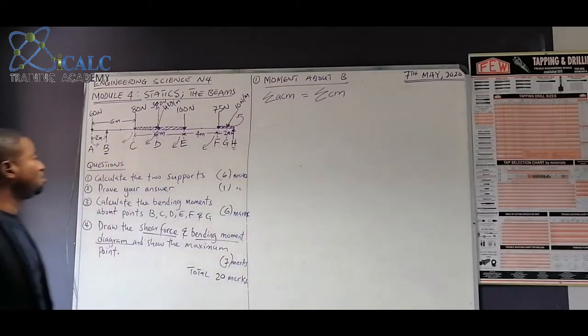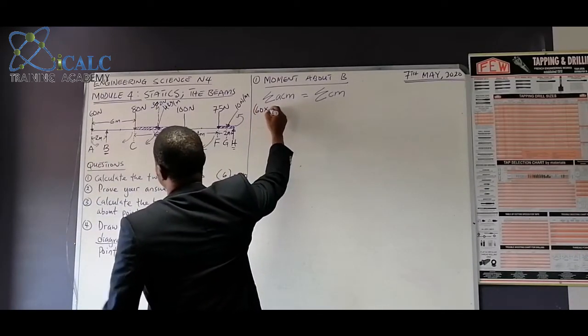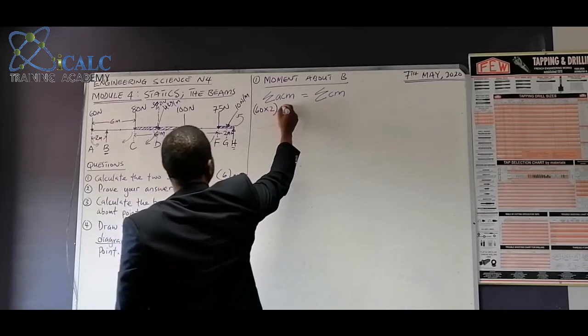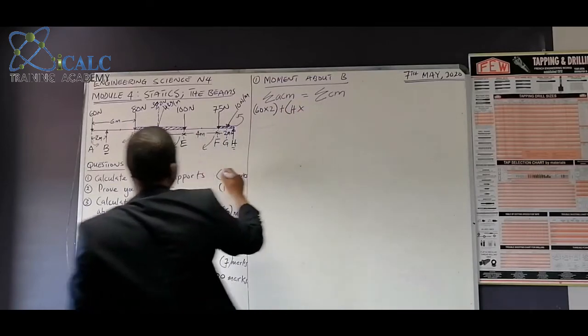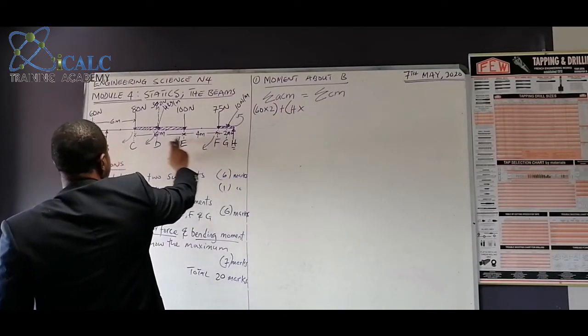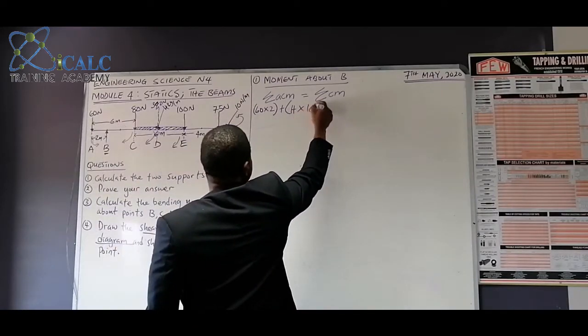So we have 2 anti-clockwise moments. Therefore, we say 60 multiplied by 2B, we have 2. Plus, we have H multiplied by, from H to B, we shall have 2 plus 4, 6, plus 6, 12. 12 plus 4 will be 16.